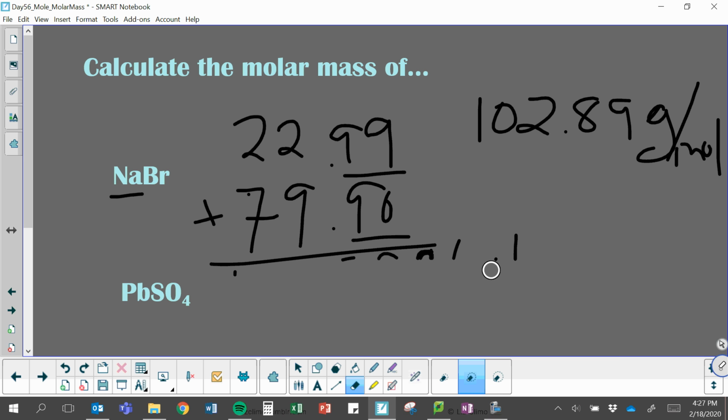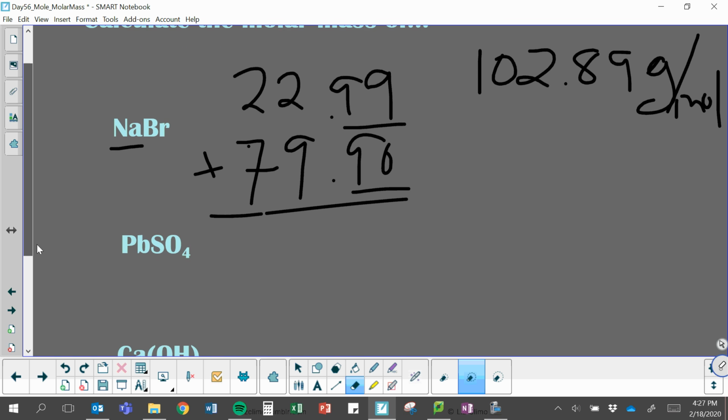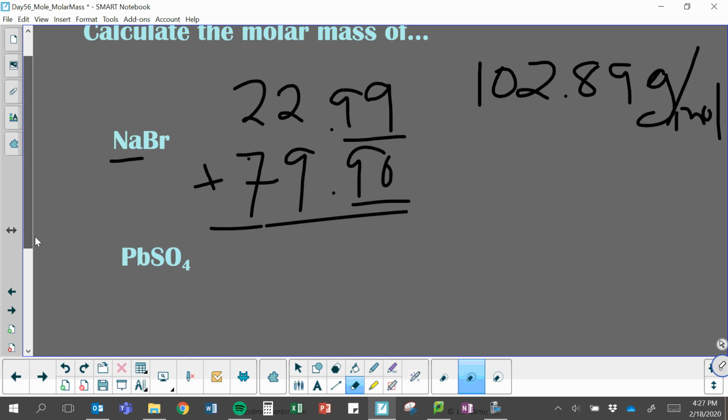Okay, and then I'm going to erase this so we have a little bit more space for our next problem. Okay, this next one's a little more tricky because it's got a polyatomic ion in it, but really that doesn't affect anything. We don't know the mass of just polyatomic ions, so we're just going to break it apart when we are calculating this.